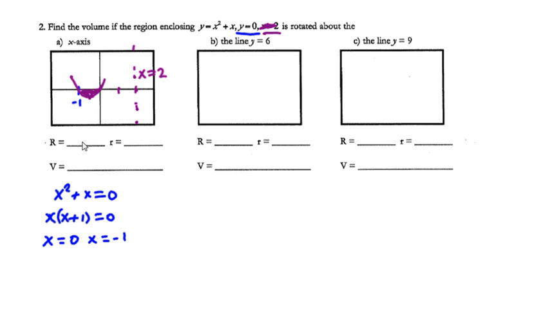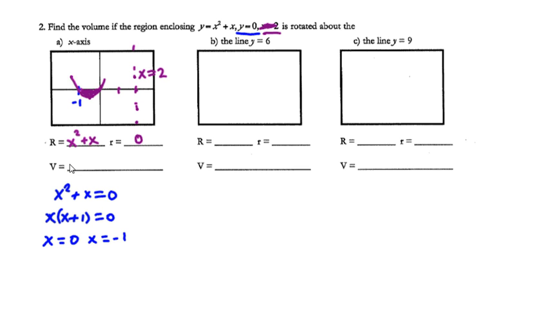Well, in this case, we're finding it rotated about the x-axis. Our big R is going to be this one right here, which is going to be x squared plus x. And our little r, since we're flush right up against the x-axis, is going to be 0.